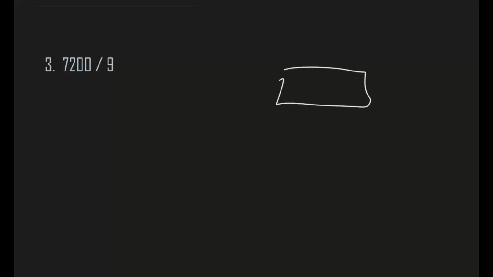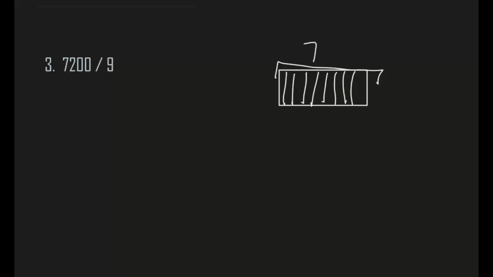Okay, so now we're going to divide it into 9 parts. So 1, 2, 3, 4, 5, 6, 7, 8, and 9. So we know that the total is 7,000.